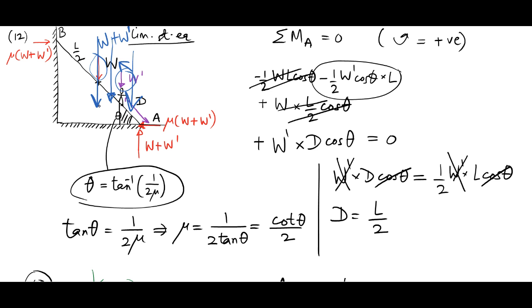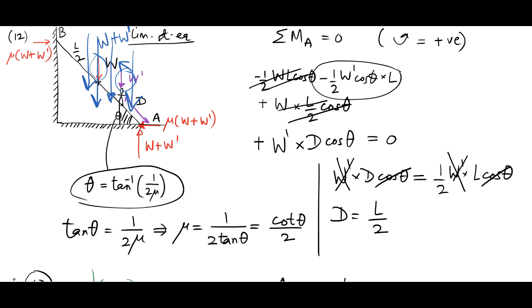When the system reaches limiting equilibrium, it's on the verge of slipping, and the moment the man goes higher up, W plus W dash is going to act somewhere over here, and naturally from the discussion that we just had, it means that the ladder will slip.